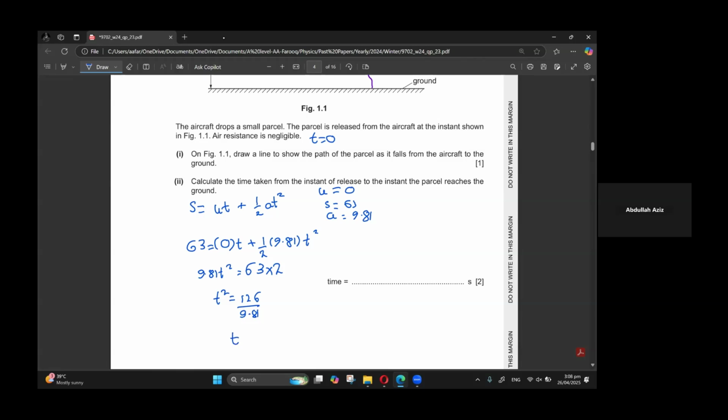So t is equal to under root 12.844, so t is equal to 3.58 seconds.